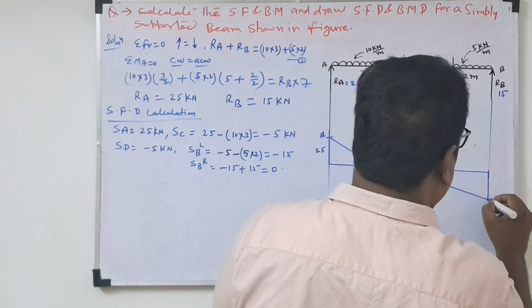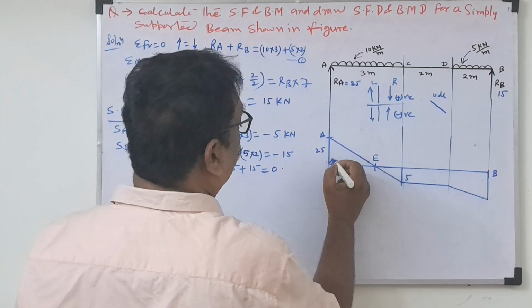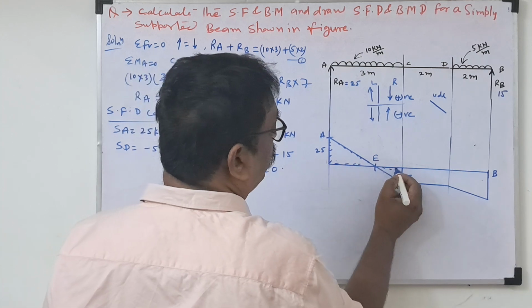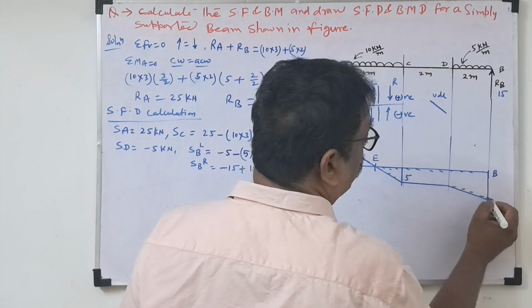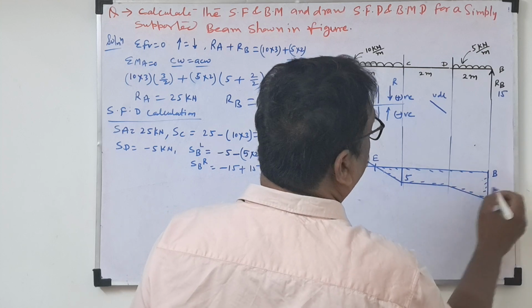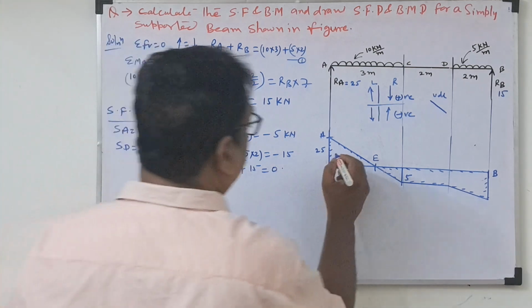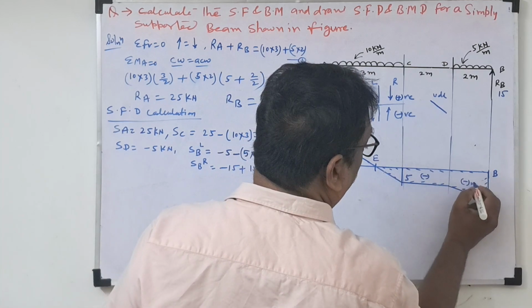Now this point is 0 at B. So this is the shear force diagram for this problem. This part is positive, this is negative, this is negative.